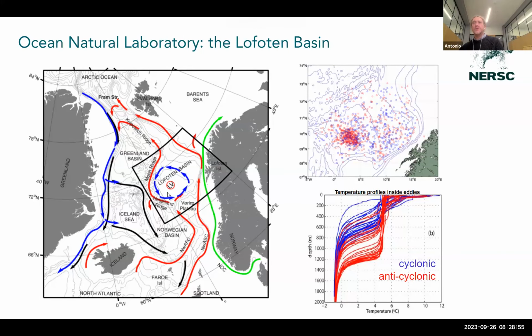The Lofoten vortex, the deepest part of the basin, is an anticyclone. It is continuously stealing eddies from the slope current. And you get nutrients continuously, also in this direction, and then resolving these cross-shelf exchanges.